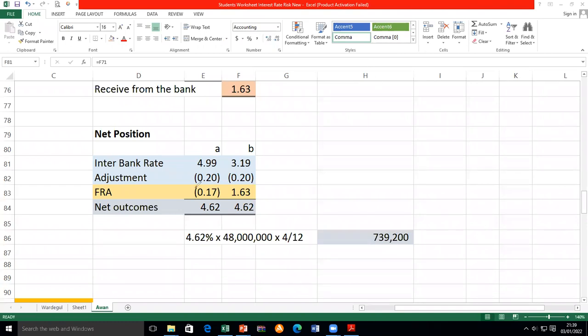Remember, the results from the actual investment must be combined with the results from the forward rate agreement.